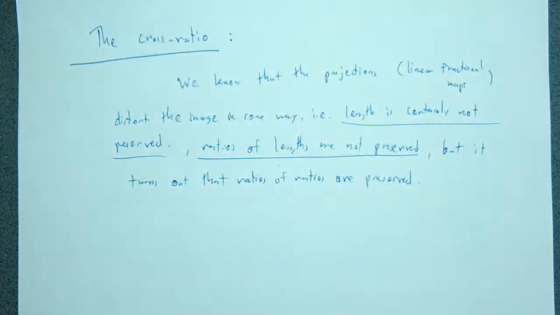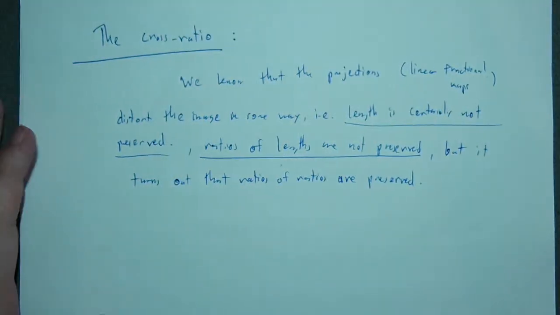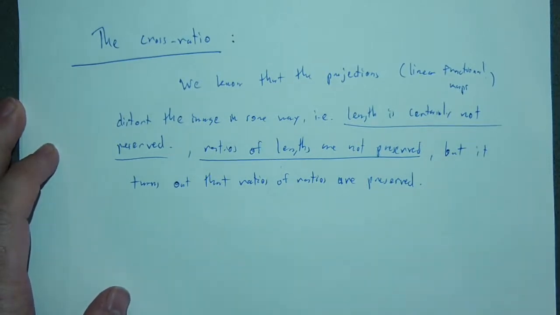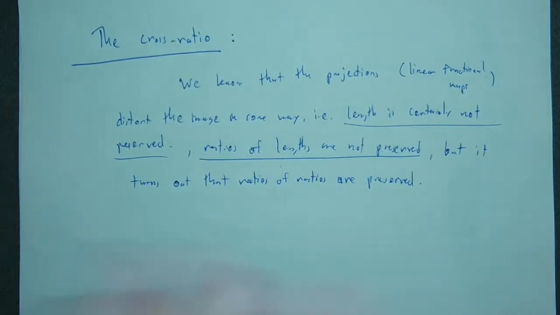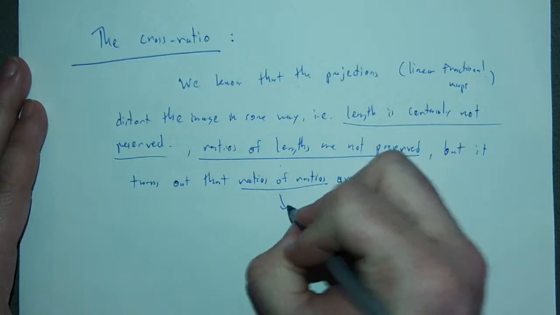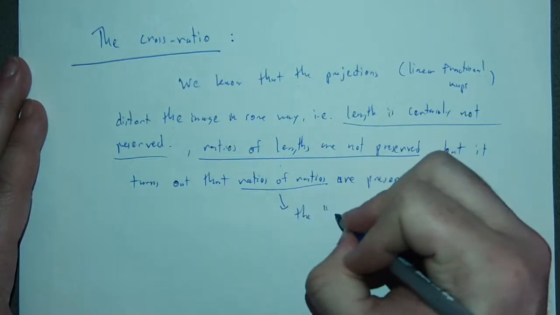There's the cat. But yeah, anyway, so ratios of ratios are preserved. This ratio of ratios is called the cross ratio.